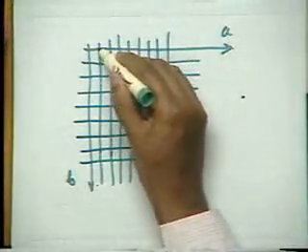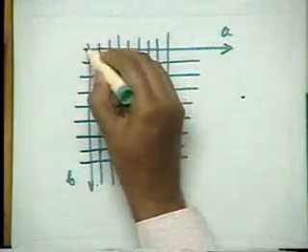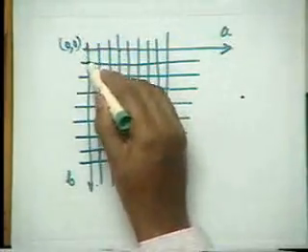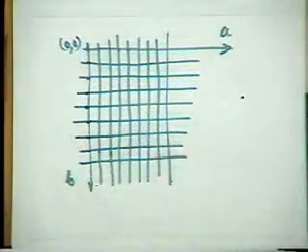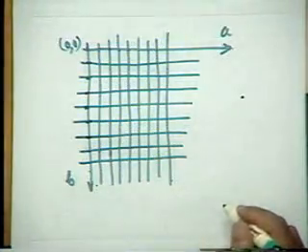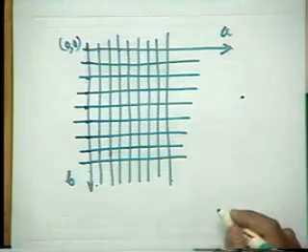That means A can be either 1 unit, 2 units, 3 units, 4 units like this, and if this is the axis, if this is the origin (0, 0), then B also can have all the discrete set of values which are shown over here. Now when we have any particular point in the XY plane, I have already said that it will get mapped into a straight line in the AB plane.